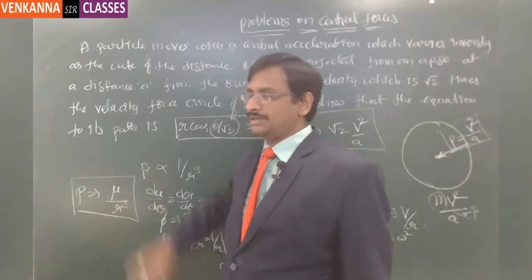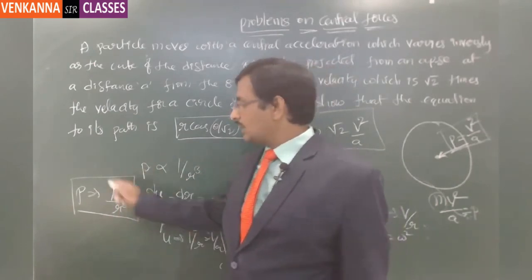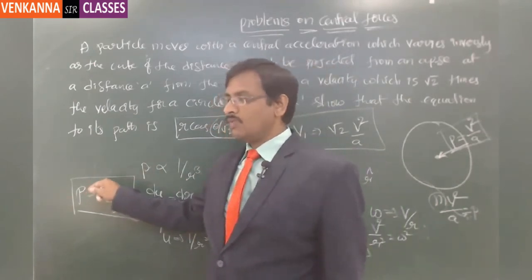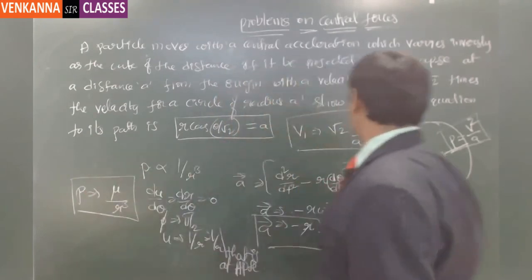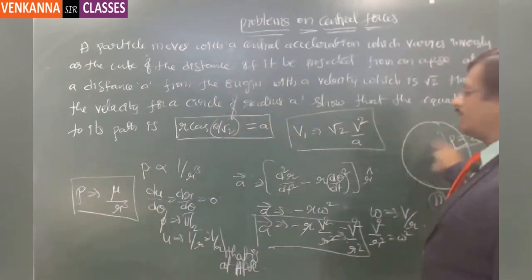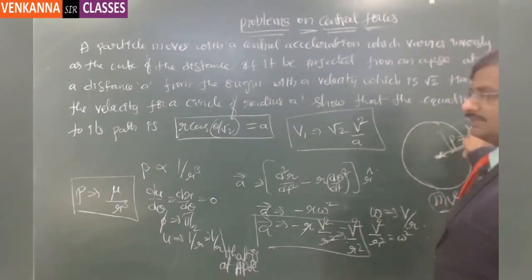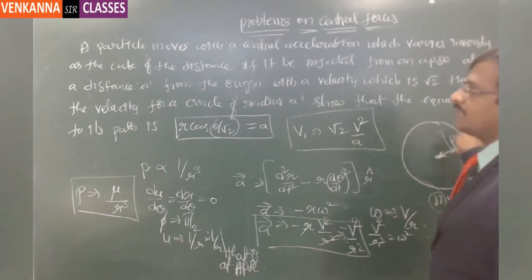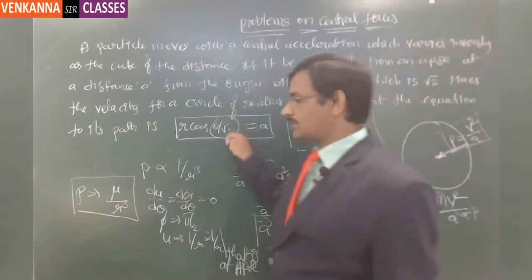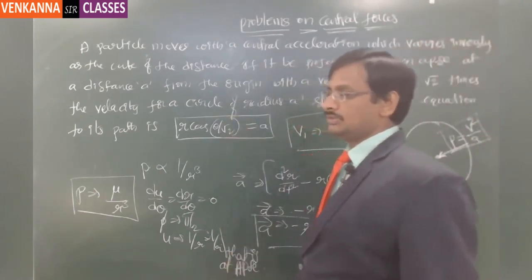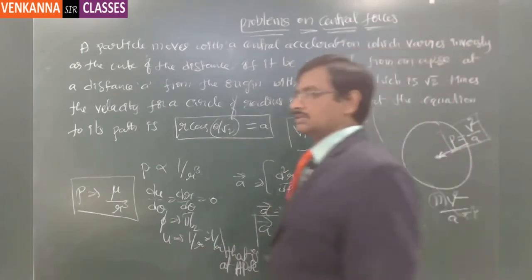This is the acceleration. Suppose the same acceleration, when the particle is moving in a circular fashion, you are going to get a certain velocity. Now root 2 times this velocity you consider for the particle traveling in this particular path. That is the problem statement.